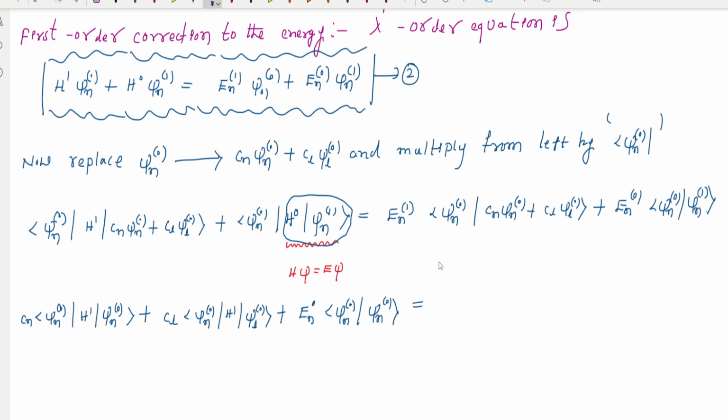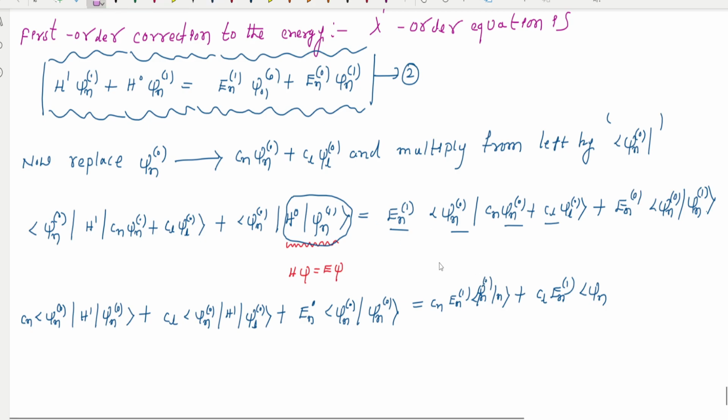Here also I'm going to write this one like this. Okay, this is Cn En power 1 first, then n and n. So this is n, right? This is n. Okay, plus Cl, Cl. Here the En is there, En power 1, and here n, here the L. Okay, then I'm going to write it like this. Else you can use the same function. Why are we using different notation?